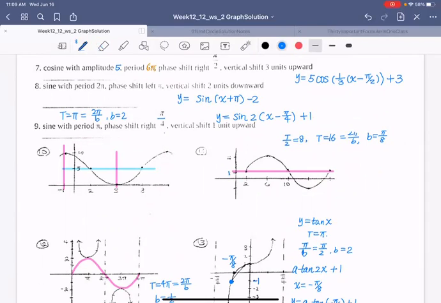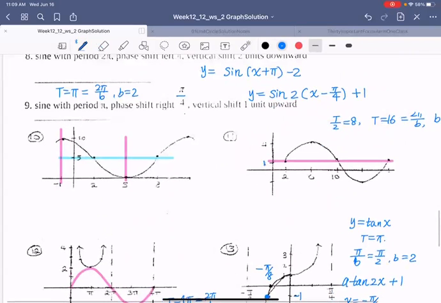So y equals 5 cosine pi over 6. Tell me how you calculate the b value. So half of T is 6, right?